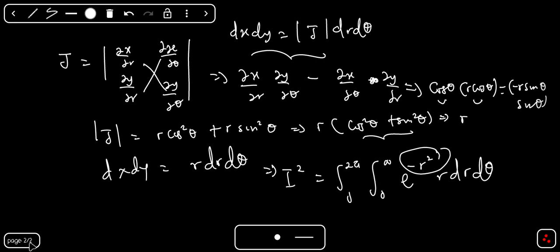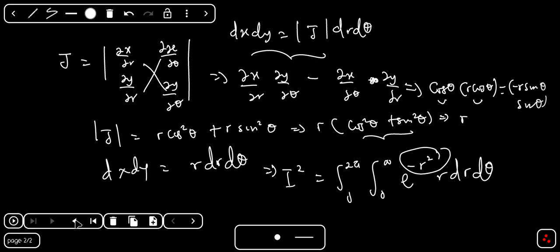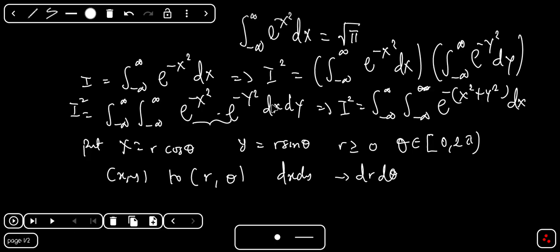Okay, so let me explain that before we move to the new page. Now, from this part, we have x squared plus y squared. And then x is r cos theta, that is r squared cos squared theta. That will be x squared. Then plus y squared, and y is r sine theta, so that will be r squared sine squared theta. We can factor out r squared.